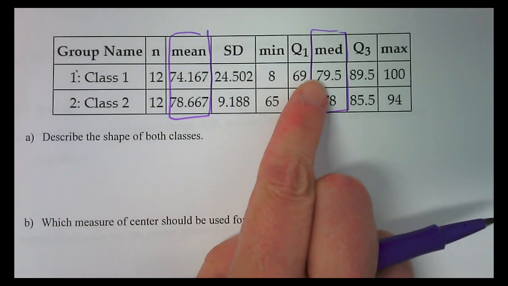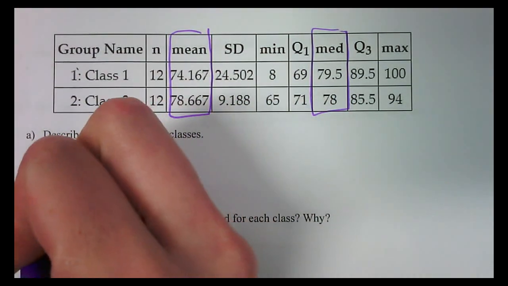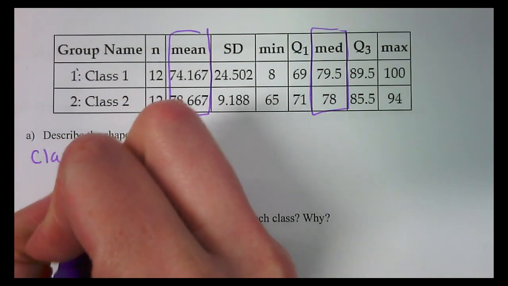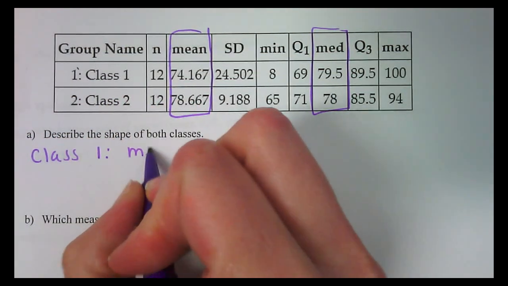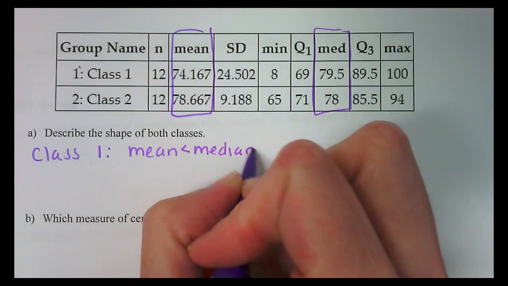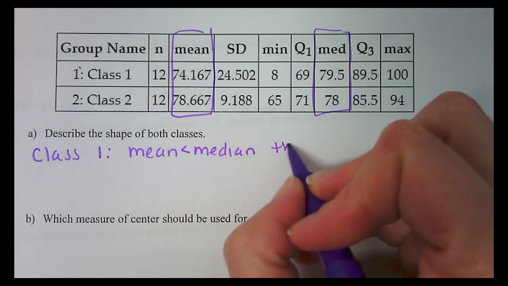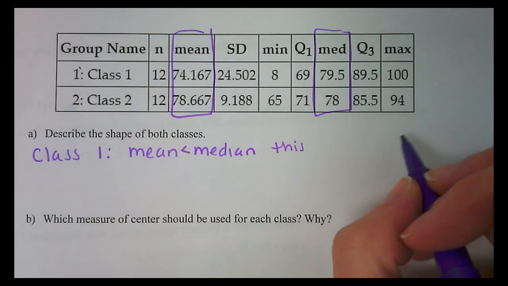So in class 1, we can see that the mean is less than the median. So we're going to say class 1, the mean is less than the median. When the mean is less than the median, it makes it skewed.